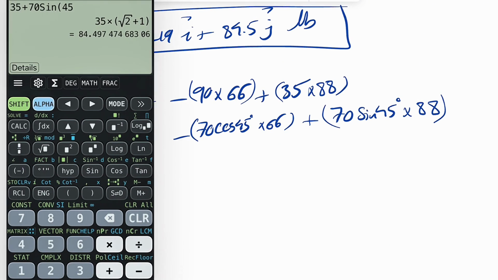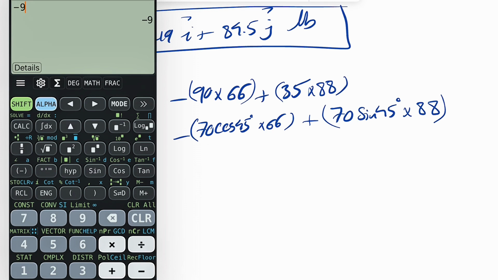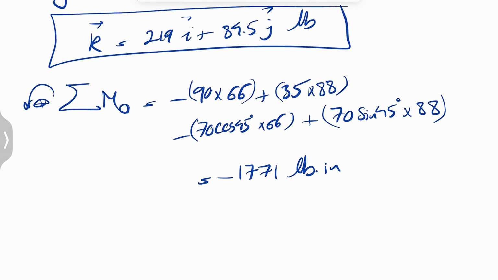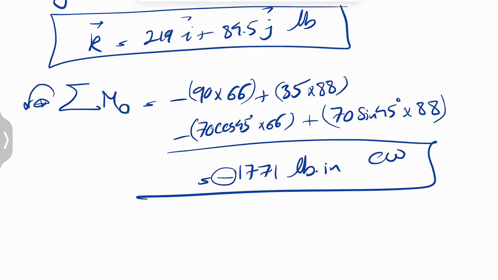So let's just calculate this. Negative 90 times 66 plus 35 times 88, negative 70 cosine of 45 times 66 plus 70 sine of 45 times 88. So yeah, that's going to give us negative 1771 pound inch, and the negative sign in here shows that the moment is clockwise, and this is going to be the couple.